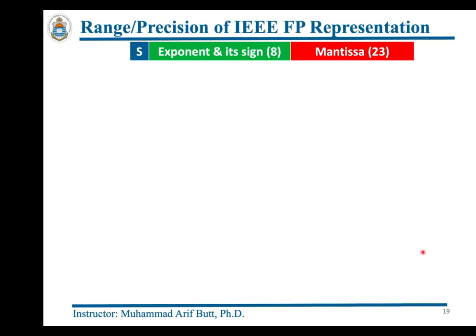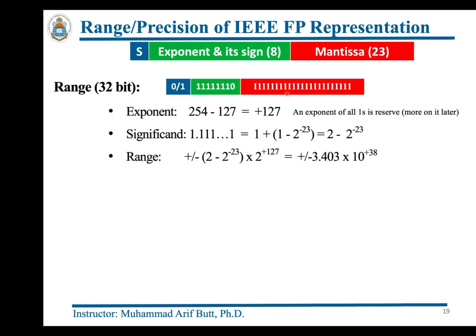Okay dear students, after having a fair idea as to how the IEEE 754 standard represents a real number using 32 bits, let us try to understand the range and precision for this 32-bit floating point number. By range we mean the largest positive as well as negative number that can be represented using this encoding.